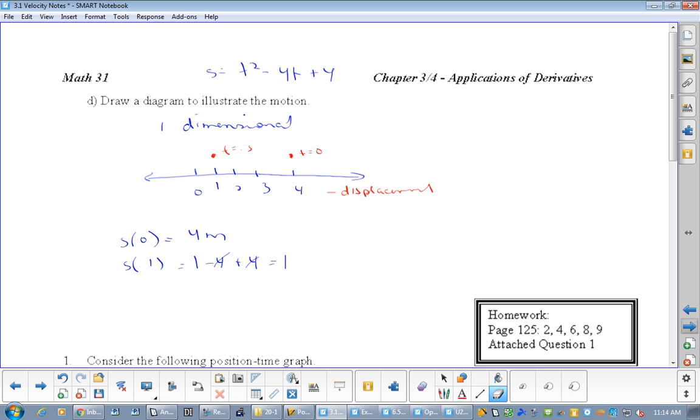Oh yeah. Okay. Told you these are confusing for me. S of 2. That's 4 minus 8 plus 4, which would be 0. So at 2 seconds, I'm over here. T equals 2.